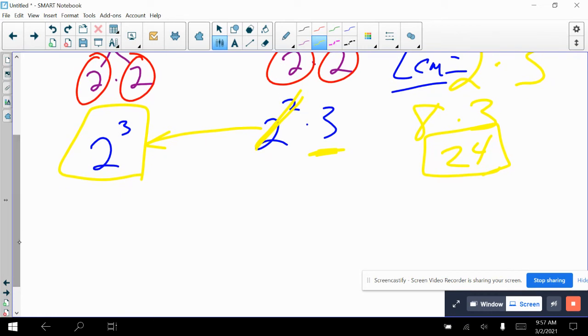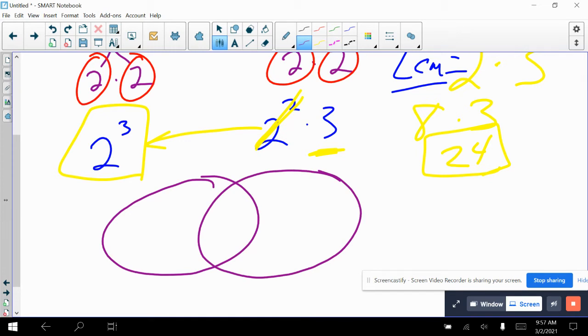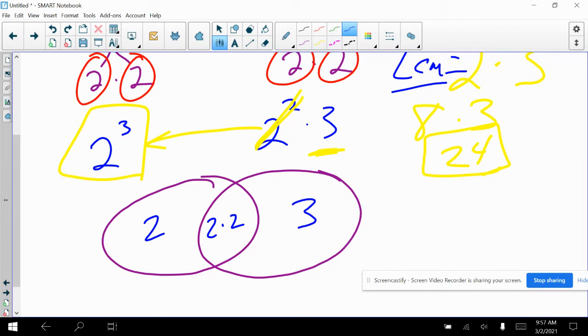Let's do this. Look at the Venn diagram. What do they share? They share 2 2s, yes? That means we got one extra 2 over here and we got a 3 over there. Right? This is why I like this, right? What's 2 times 2? 4. What's 4 times 2? 8.